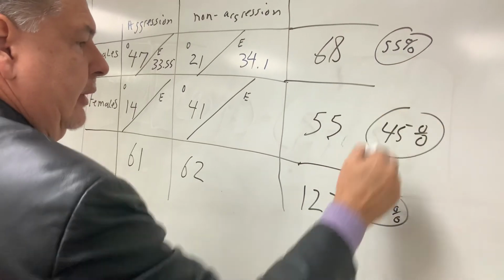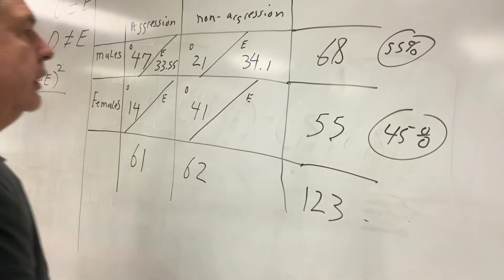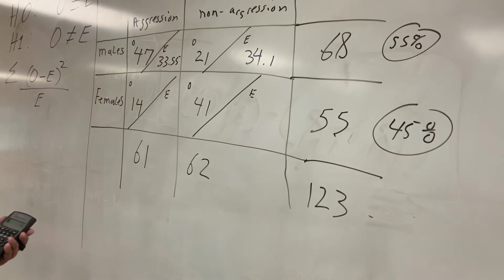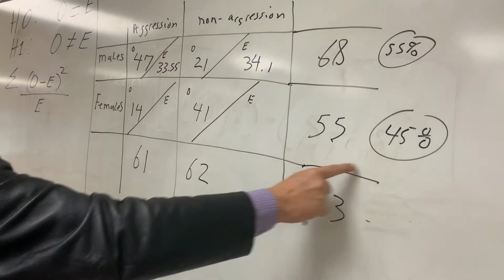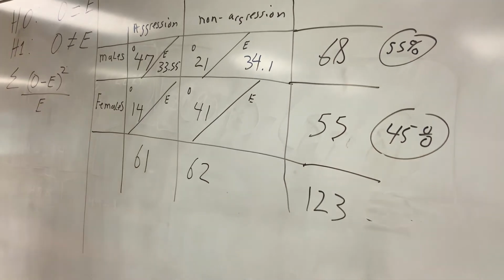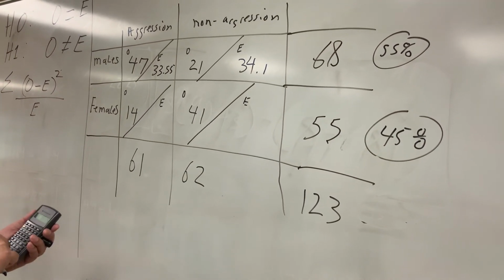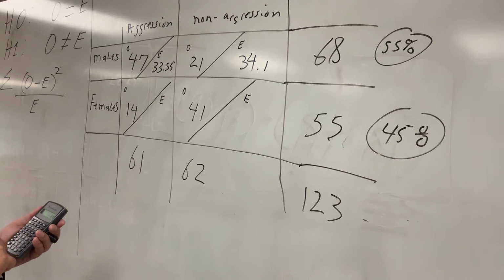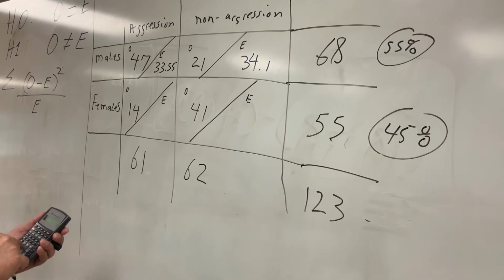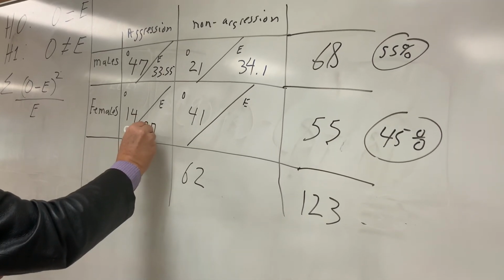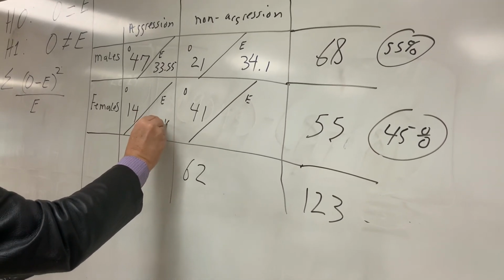We move that up here instead of down here. So to get the expected value of this, I'll take 61 and multiply it by my percentage of this particular row here. So I'll take 61, multiply it by 0.45, and I'll get a value of 27.45.